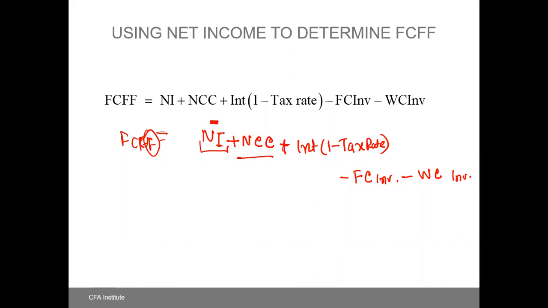And the last one is the investment in working capital. You probably can recall we learned in the Excel sheet how we can estimate the accounts receivable, inventory, accounts payable. Each of these are the working capital items.